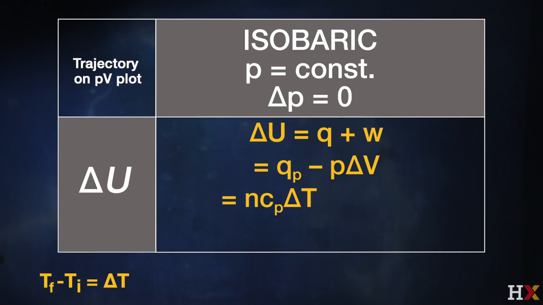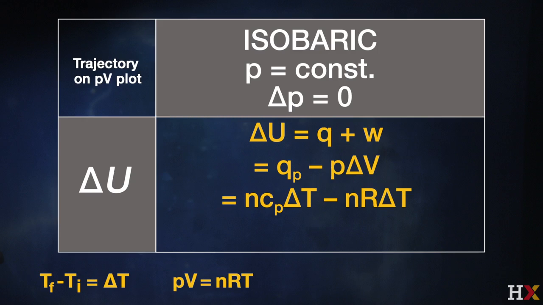All right, now I have minus P delta V. But the next note I remember is that PV equals nRT, because this is a perfect gas. So P delta V is simply equal to nR delta T by using the perfect gas law.